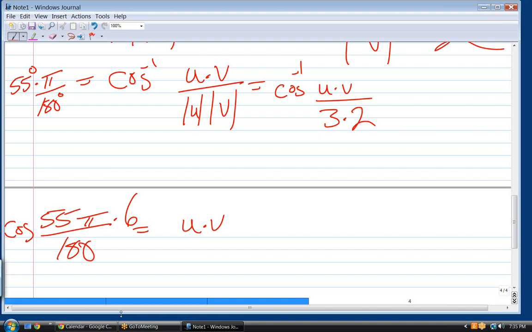So maybe I don't have to apply this conversion factor. Cosine of 55 degrees times 6 equals u dot v.